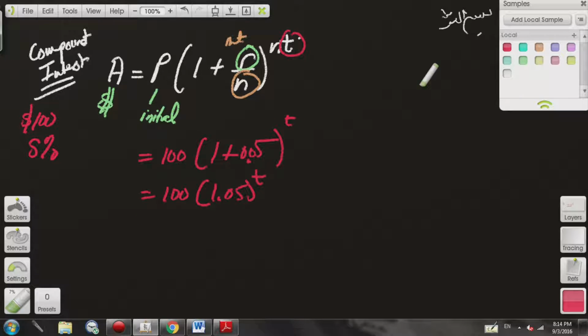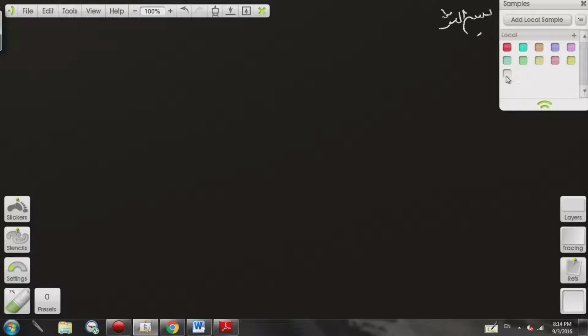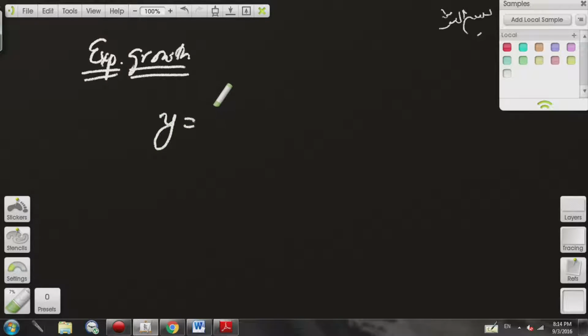So this is a compound interest formula. Now this question is about exponential growth, and compound interest is just one example of exponential growth. Exponential growth formulas look like this: y equals the initial value, you can call it a, times 1 plus the rate, to the exponent t.